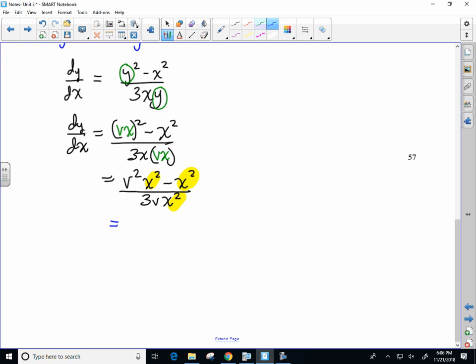And I would have, looks like v squared minus 1 over 3v. All right? That's kind of a problem because my left-hand side is dy dx. Now I have v's in there. Well, the dy dx has to go.